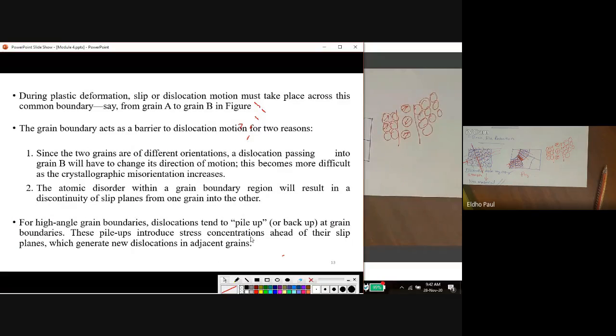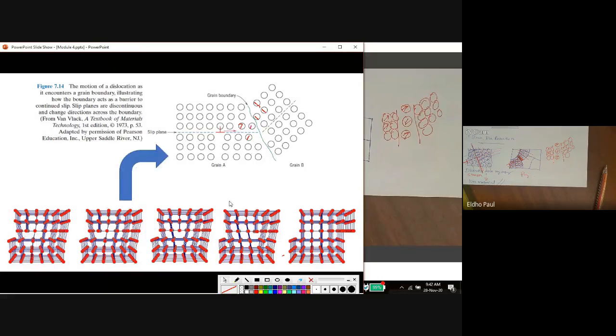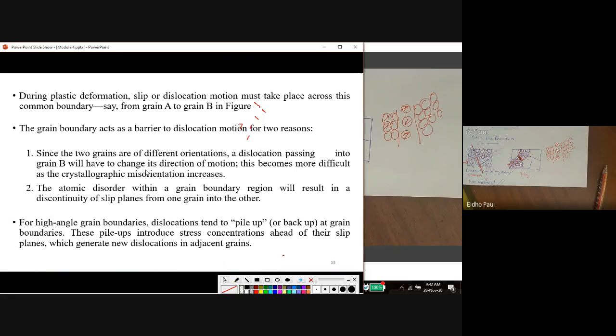This becomes more difficult as the crystallographic misorientation increases. So we can say a high angle grain boundary has more strength than a low angle grain boundary. We have studied what high angle and low angle grain boundaries are. A high angle grain boundary means the orientation difference between grain A and grain B will be very large, so dislocation motion transmission from grain A to B will be very difficult. That is the first reason.